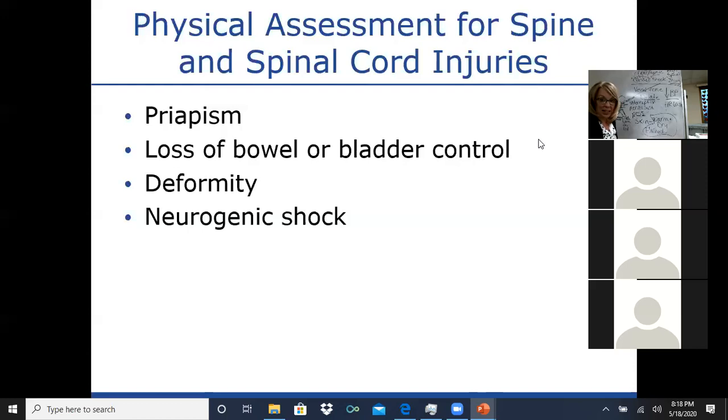We had metabolic shock, related to diabetes, insulin shock with patients going into hypoglycemic or hyperglycemic type episodes. We had psychogenic shock, which is like a syncopal episode from fear, like a syncope.